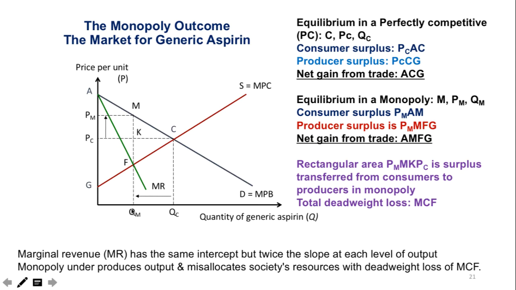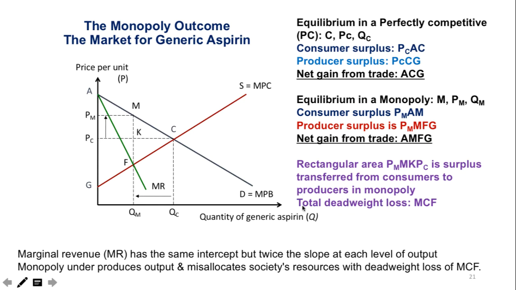So the net gain in monopoly from the trade is AMFG. So yes, there is a rectangular area of PMMKPC, which is a surplus transferred from consumers to producers in monopoly.